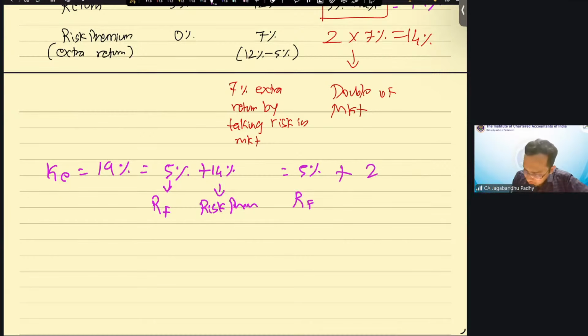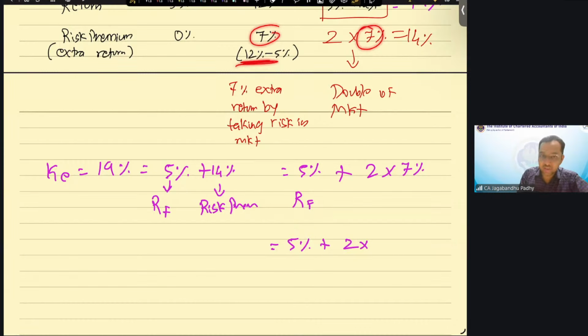We calculated 14% as 2 into 7%. Further, I will say it is 5% plus 2 into, how did we get this 7%? This 7% was essentially the difference between the market return, which was 12%, and the risk-free return.